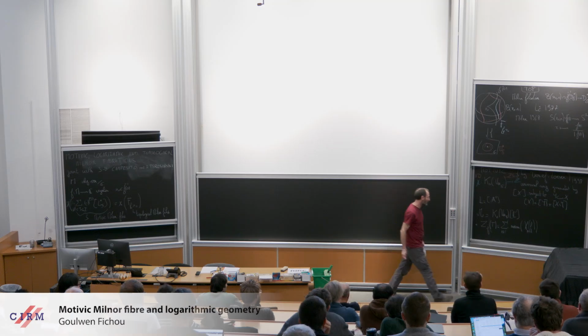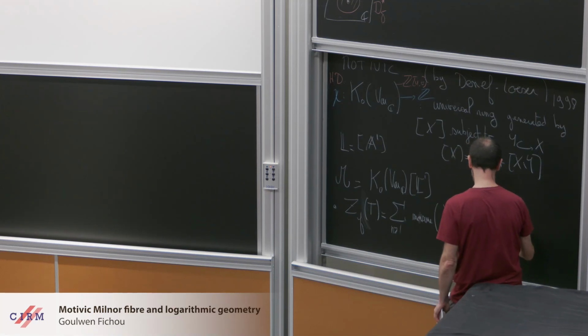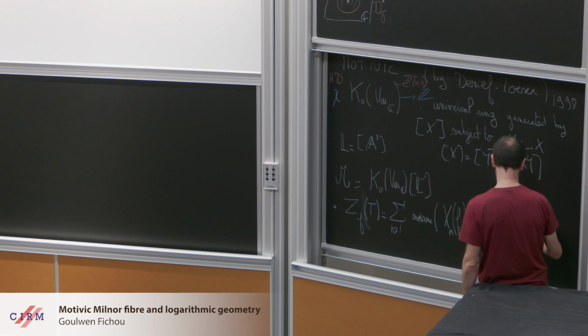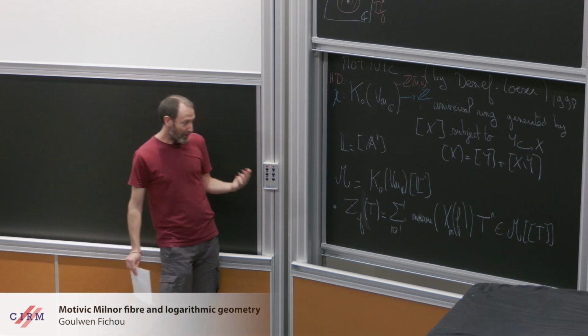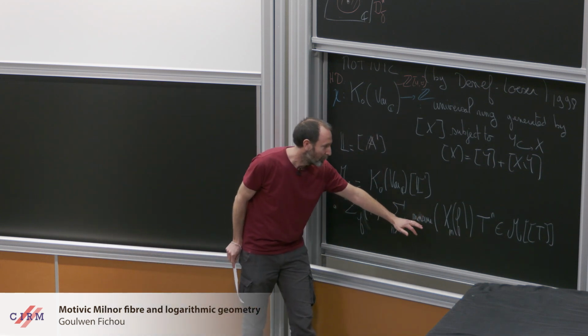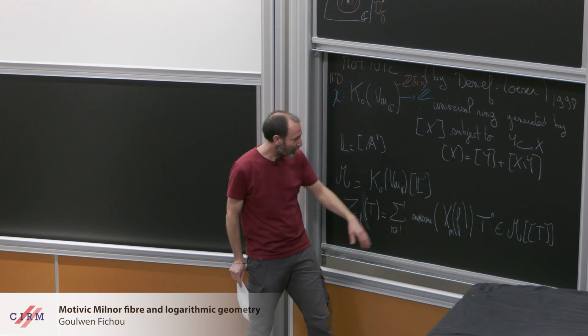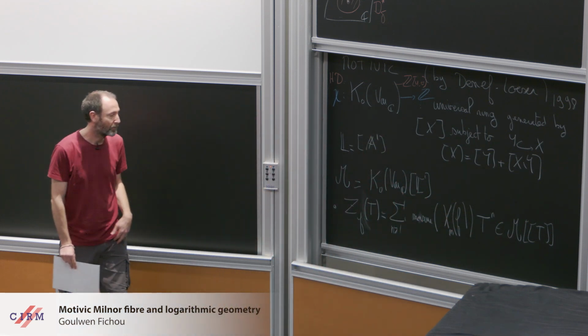So some arc spaces, and this should be a series in T. So this zeta function is some generating series. The coefficients are some measure in this Grothendieck ring with the class of the affine line inverted.